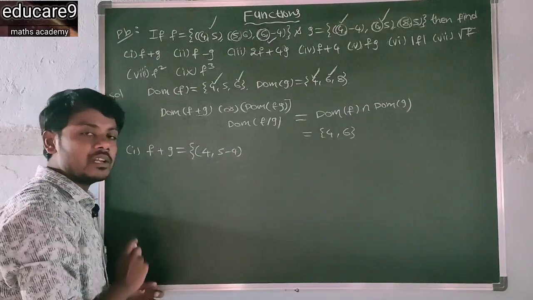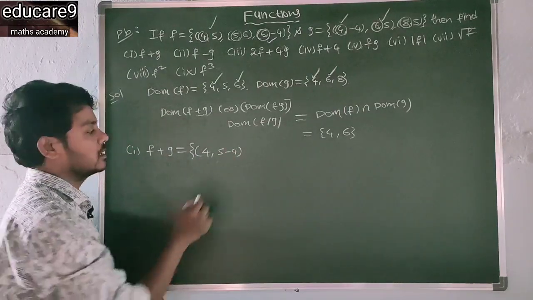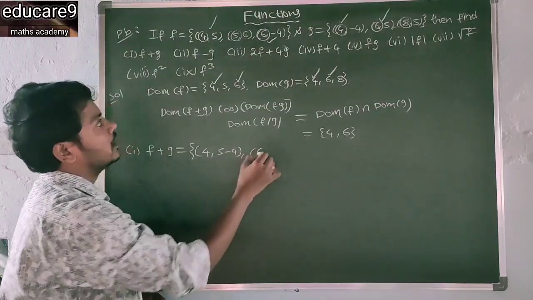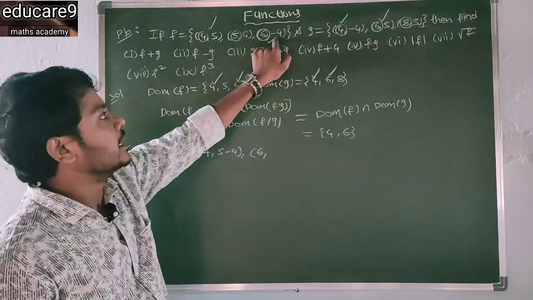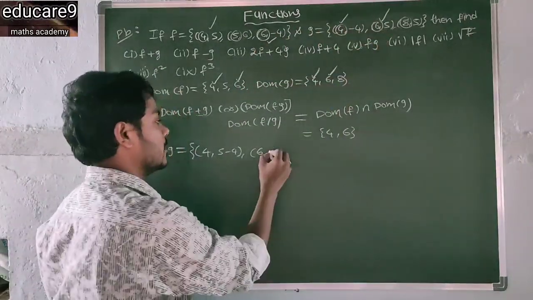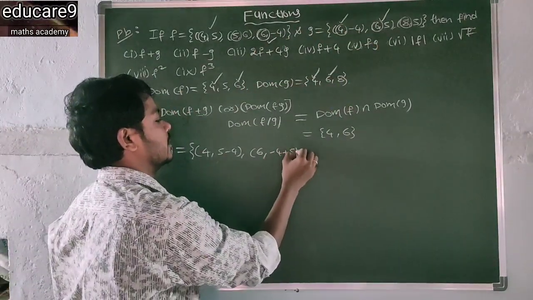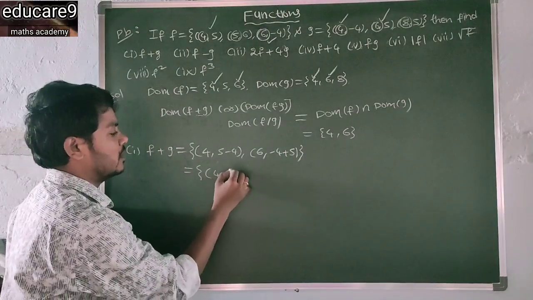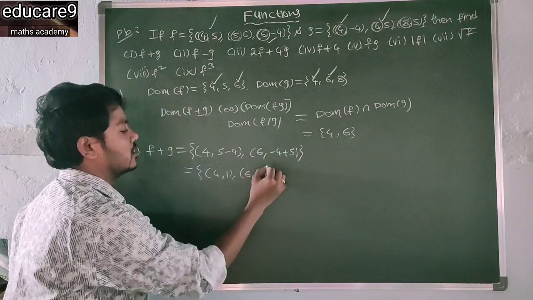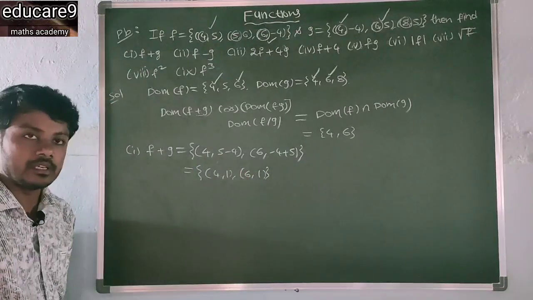Because domain values are original, does not change. And 6 comma. So here also 6. So minus 4 plus 5. Minus 4 plus 5. This is what? 4 comma 1. 6 comma 1. This is f plus g.